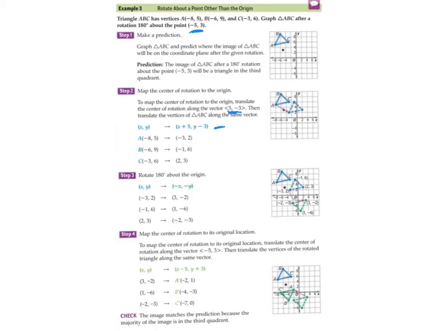So you start with these coordinates here and you bring them down to the front, and you reflect them about the origin. And don't forget that's negative x, negative y. In other words, you change the signs.